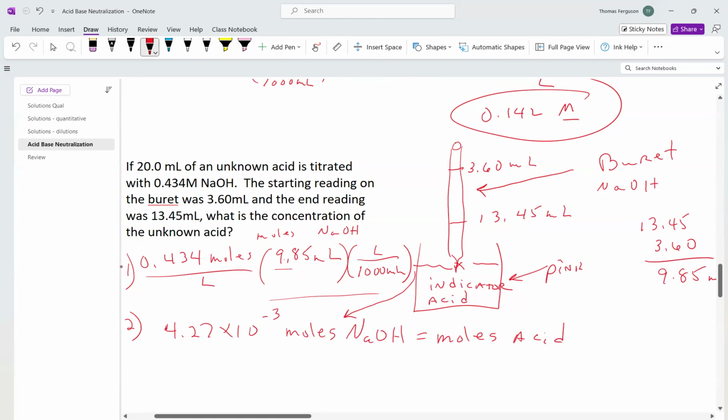Okay, so that's 427 times 10 to the minus 3 moles of sodium hydroxide.